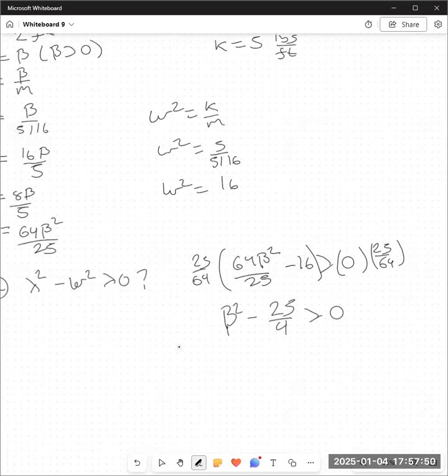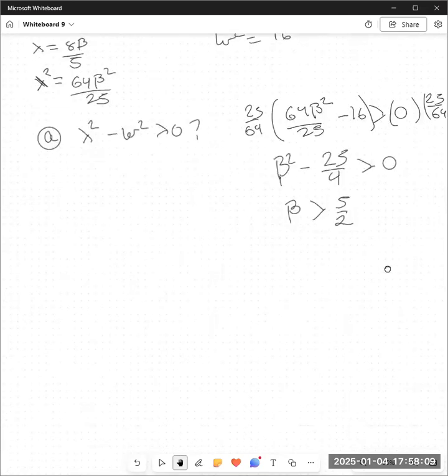Since beta has to be positive, I'm only interested in the positive square root if I set that equal to 0. So beta needs to be bigger than 5 halves for that statement to be true.